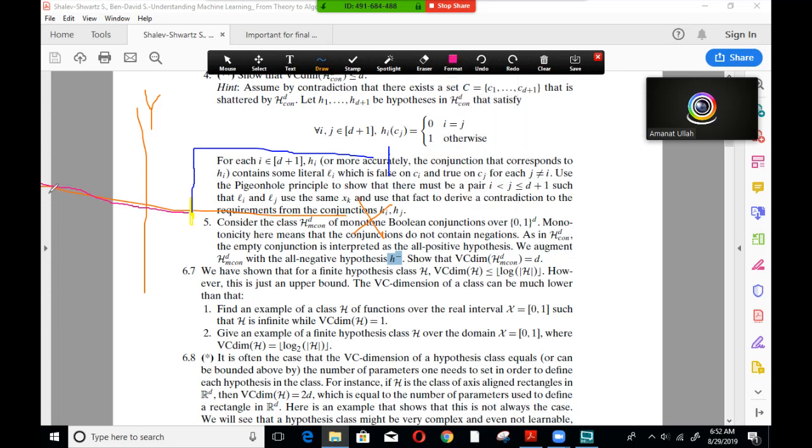Now this has a VC dimension of 1 as we saw in the earlier video, but we have to show that H is infinite, so the size of the hypothesis class is infinite. How can we show that?